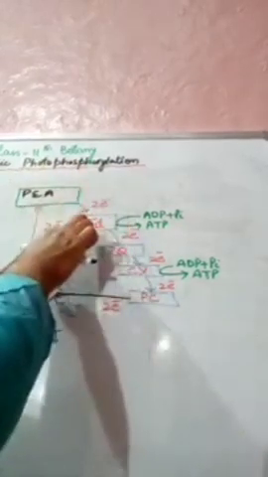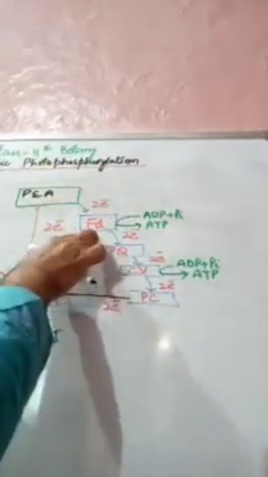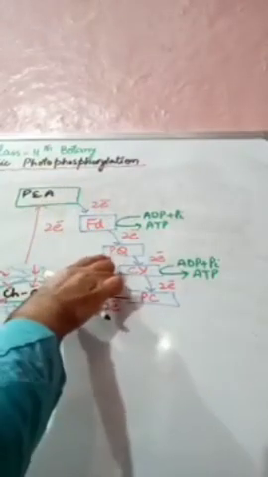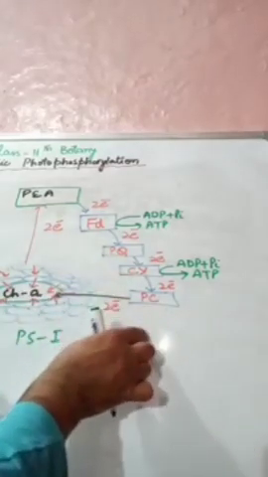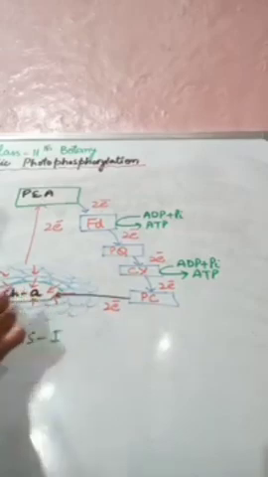This electron with higher potential energy moves down through the electron transport chain, and there are four acceptors: ferredoxin, plastoquinone, cytochrome, and plastocyanin. From this plastocyanin, the two electrons are taken by chlorophyll A. So it forms a sort of cycle.